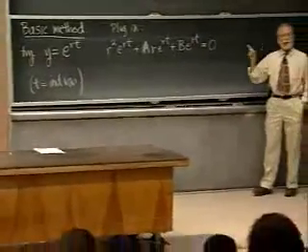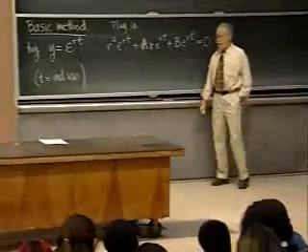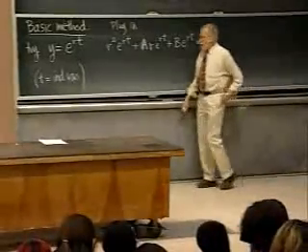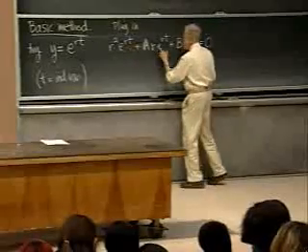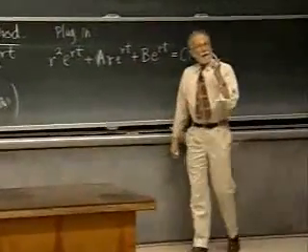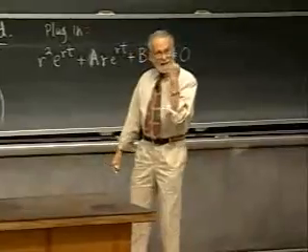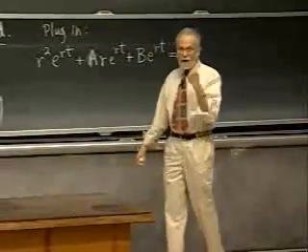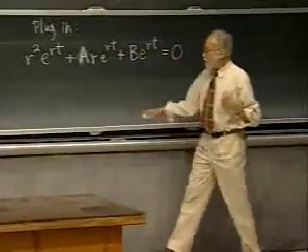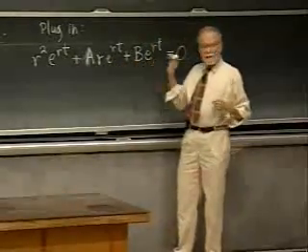So I have to choose r so that this becomes equal to 0. Now you see, the e to the rt occurs as a factor in every term, and e to the rt is never 0, and therefore you can divide it out, because it's always a positive number regardless of the value of t.